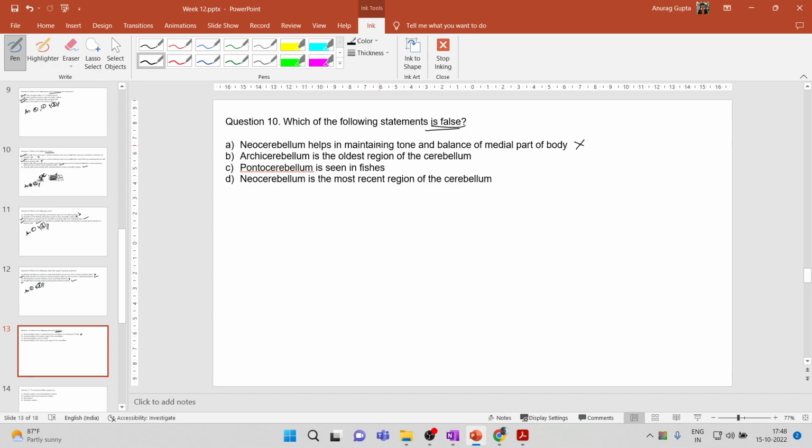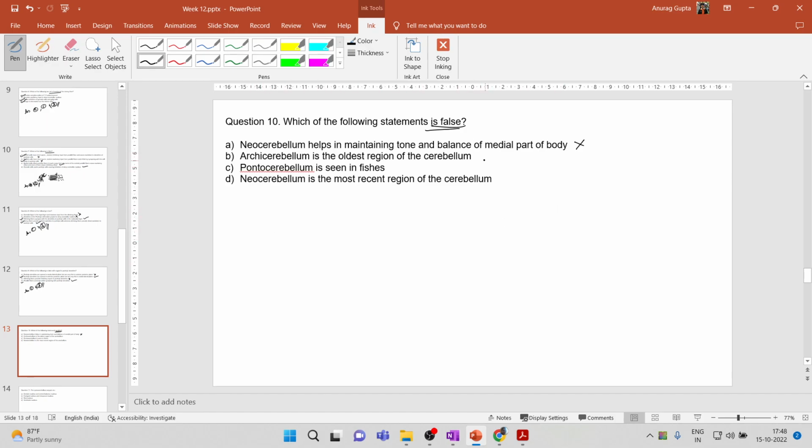It's larger in humans when compared to the macaque monkey. And as we go up the evolutionary tree, the size of the cerebrocerebellum or the neocerebellum increases, and it's involved in coordination of movements. So this is not the correct answer.